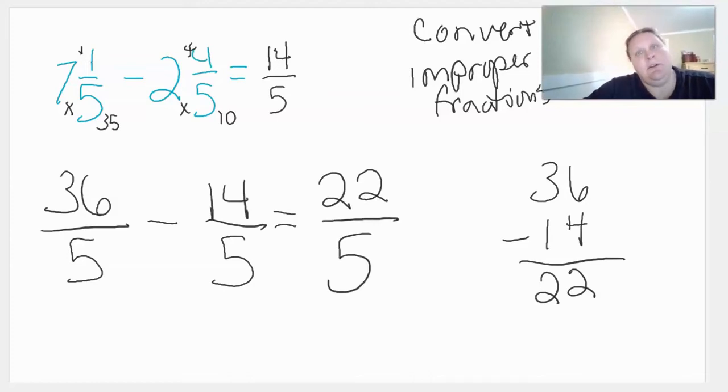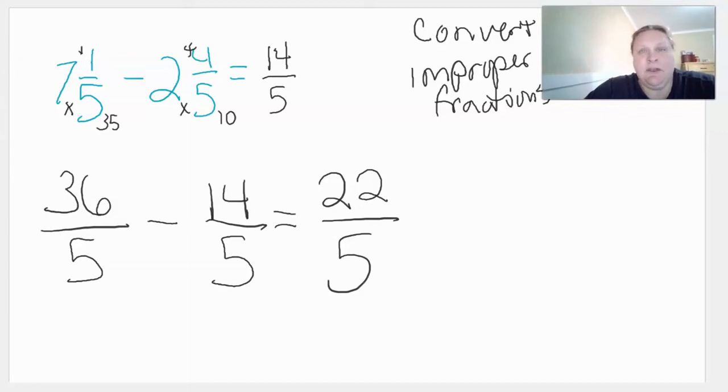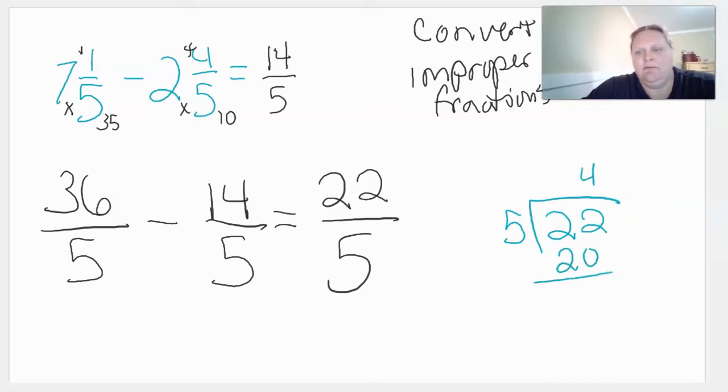Now, you all know that I don't like to leave things as improper fractions, so you need to convert it to a mixed number. You do that by simplifying. So 22 divided by 5. How many times can 5 go into 22? 4. 20, subtract 2, 2 fifths.